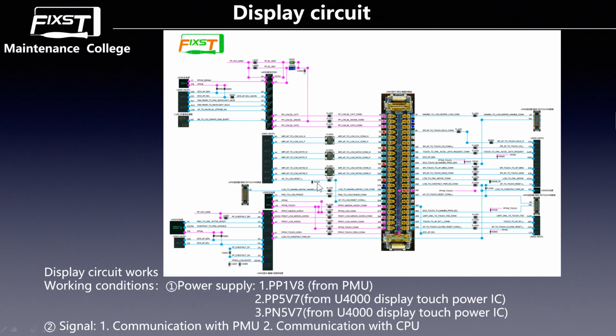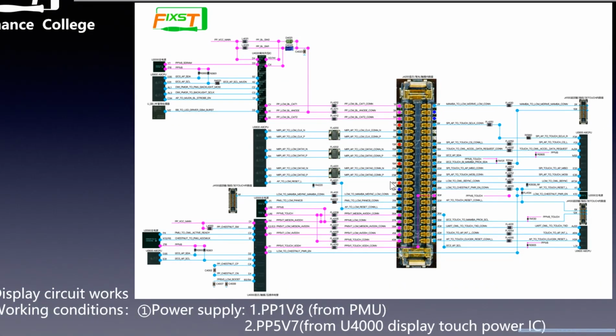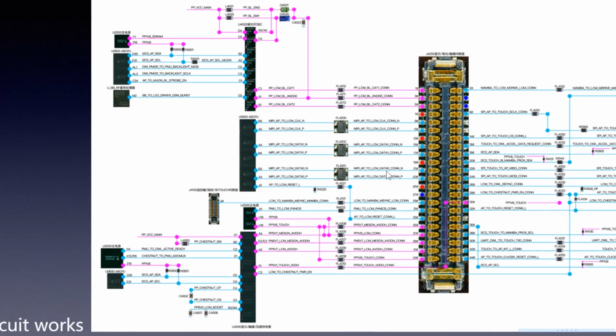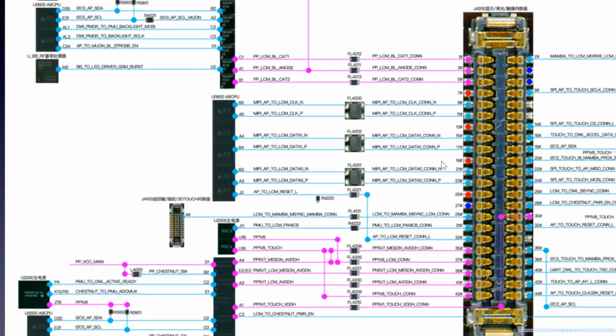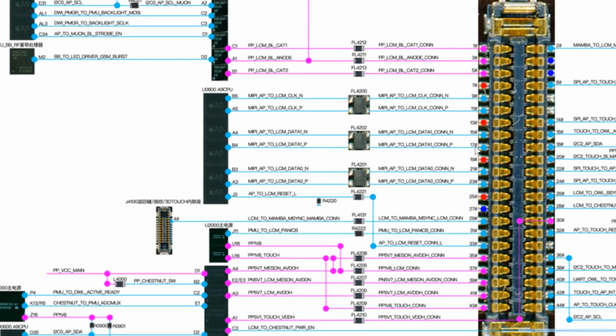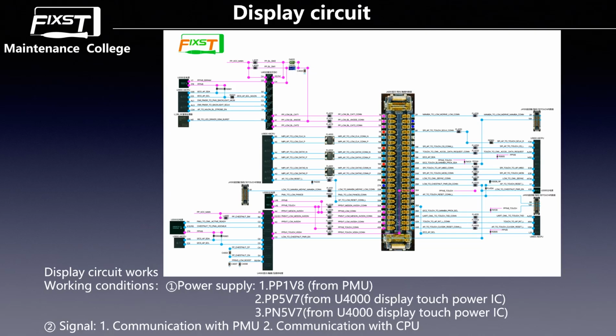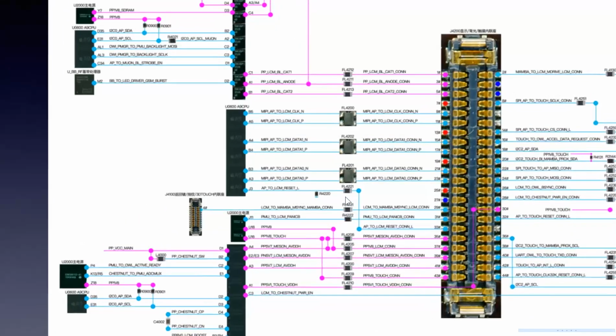Now we see its signal part. Now we focus on the signal part, and as you can see, the red line is the power line, the blue line is the signal line, and as you can see, these 17, 21, 23, 29 and 31, those are all signal lines, the important signal lines in this class.